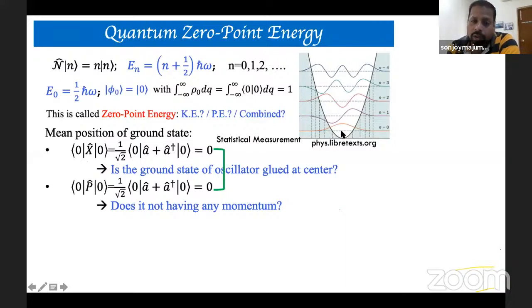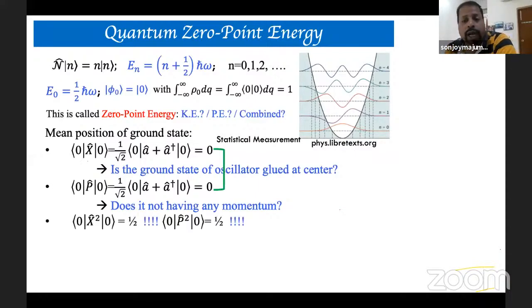That is the mean value. But to what extent, when you do the measurement, will the particle be found in the span, or how much plus or minus momentum can it accommodate? To do that, we have to find the variance or standard deviation.